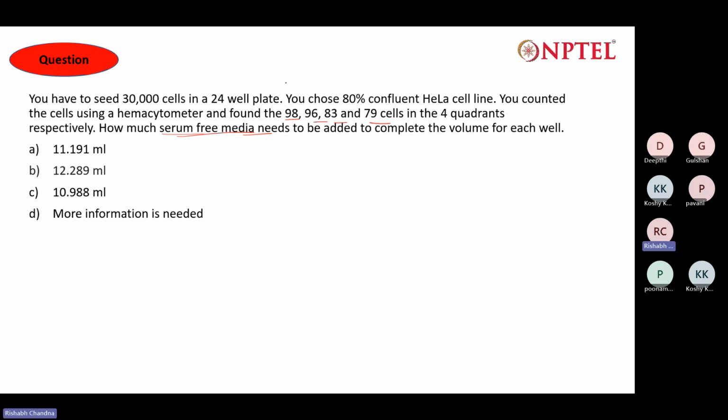One more piece of information: in a 24 well plate, when we add media plus cell suspension, in each well, media plus cells will be equal to 500 microliter. So you have to calculate based on this volume.